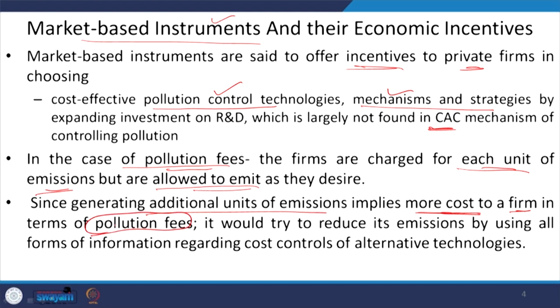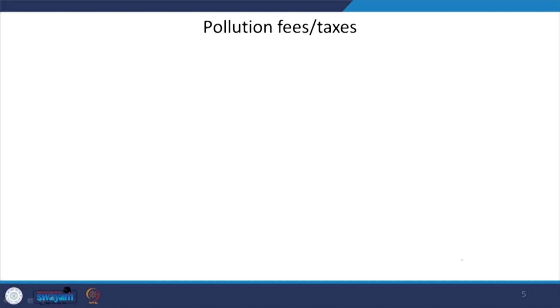So, because the polluter now has to pay more pollution fee, it is an indirect incentive that the polluter would try to reduce the emission in order to lessen the pollution tax. And in order to reduce this pollution, the polluter will now be exploring different kinds of information and processes, how to control the cost by using and exploring different alternative technologies.